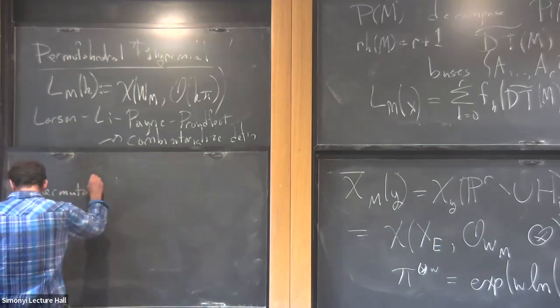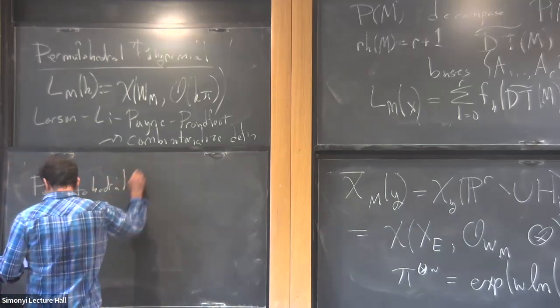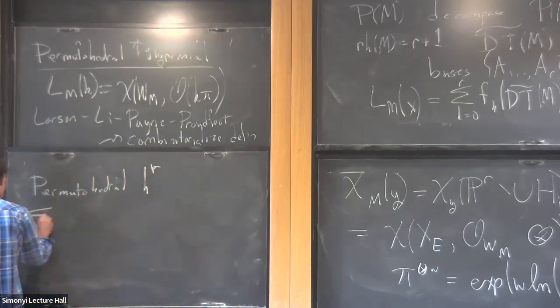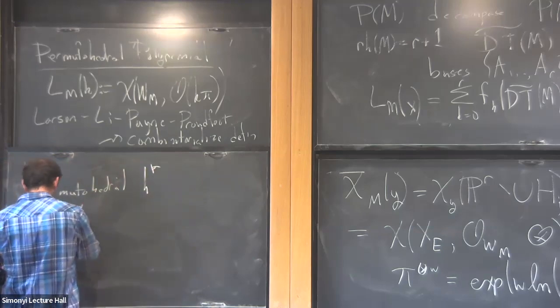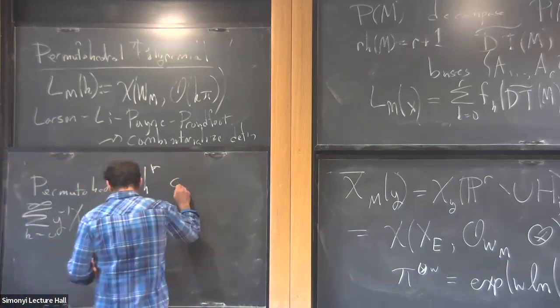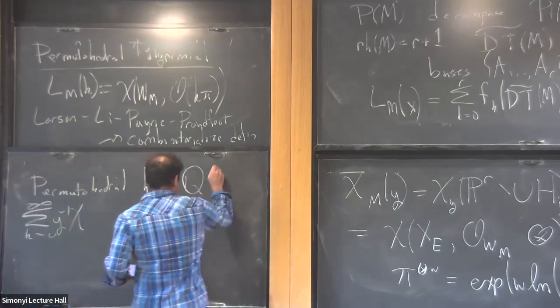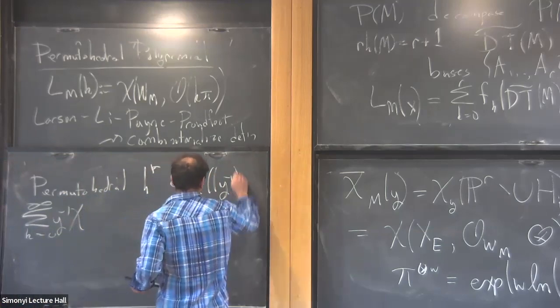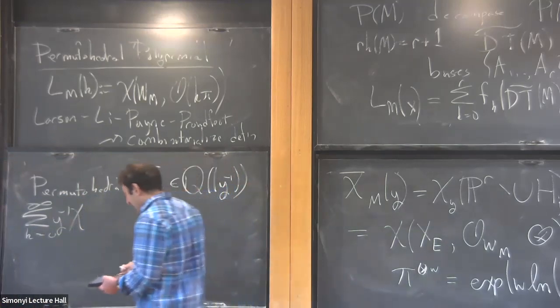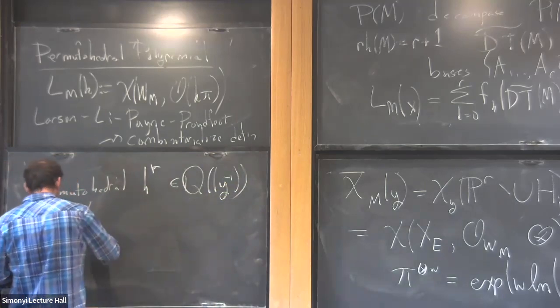I won't say too much more about it, but of course, instead of writing it as a polynomial, I'm writing it as a Laurent series in y inverse. It actually is a polynomial, although you can't tell.